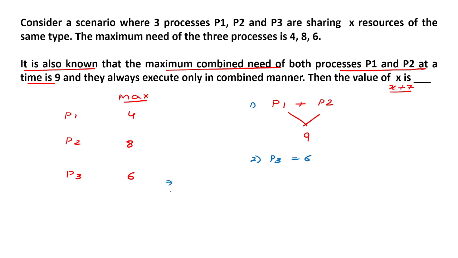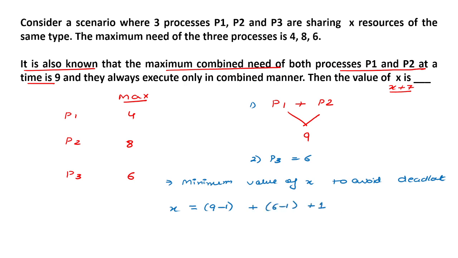We always check first how to avoid the deadlock, so for that we have to check the minimum value of X to avoid the deadlock. That is X equals 9 minus 1 plus 6 minus 1 plus 1. This is a very important formula. You have to remember this.